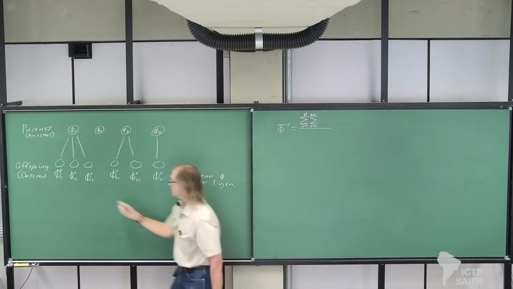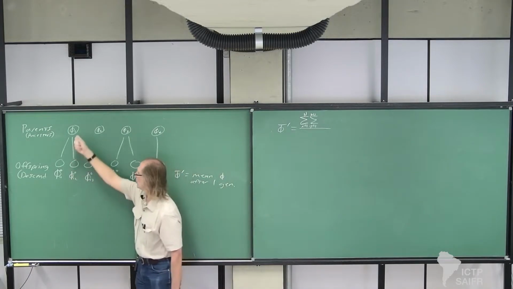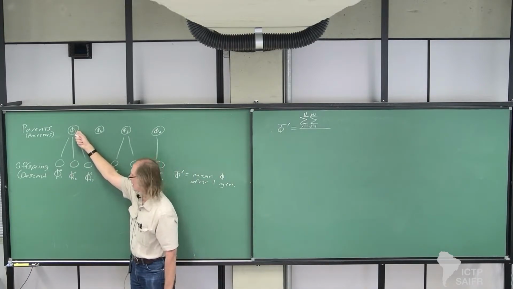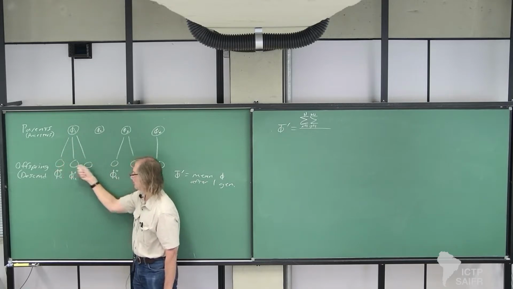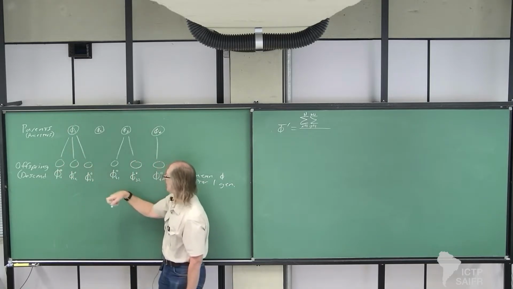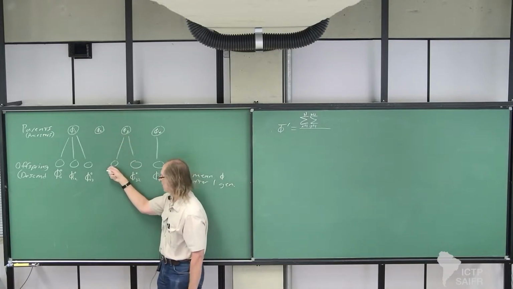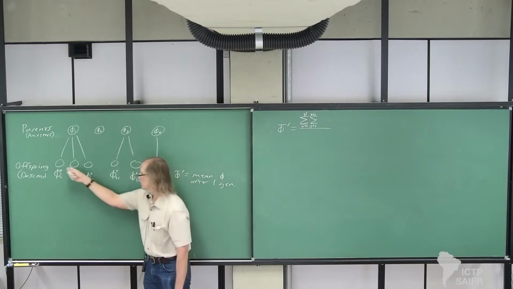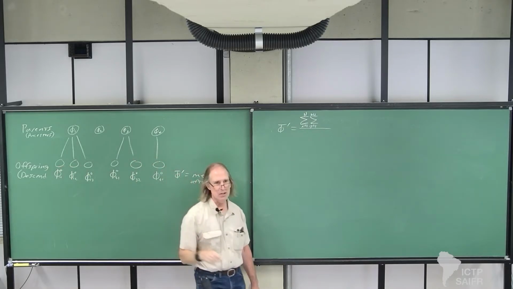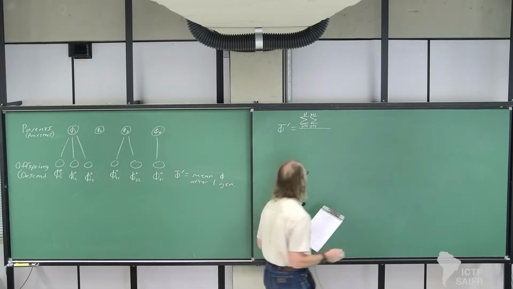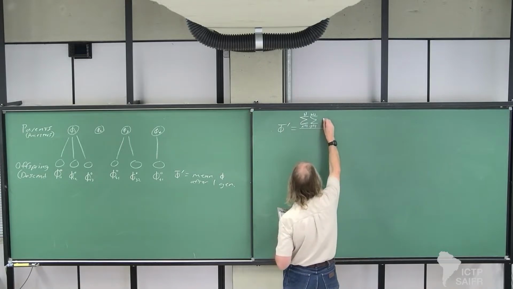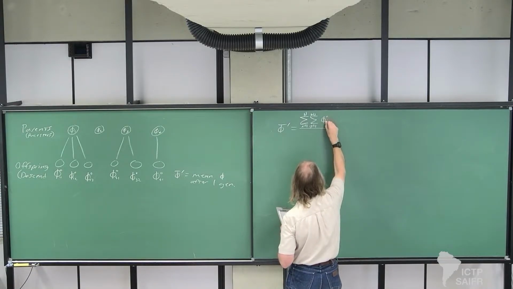So now I'm summing over these. The first one, I do parent 1, and then I do summation over 1, 2, 3 of its offspring. Then I go to parent 2, and I sum over its offspring, it has none. Go to parent 3, sum over its offspring. So all I'm doing is sequentially going over each of these, right? That should be straightforward. It's that of phi offspring ij.